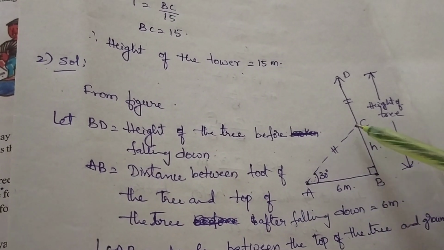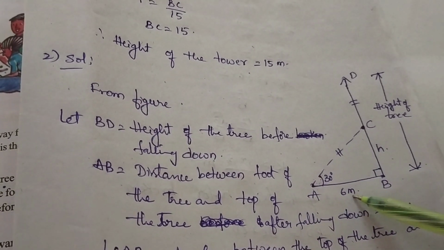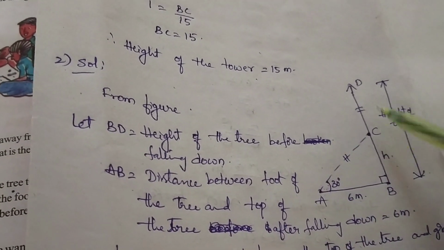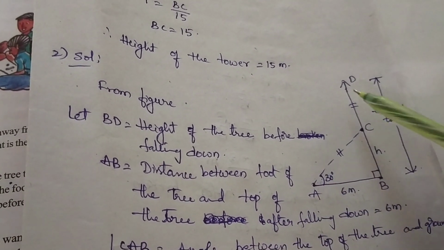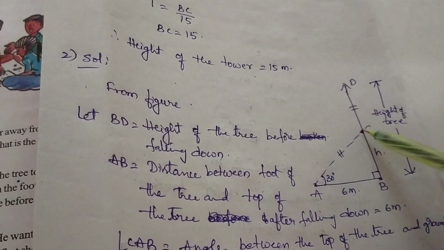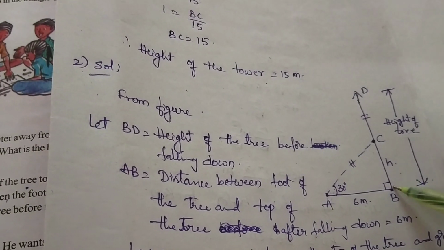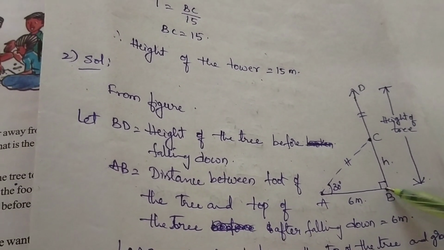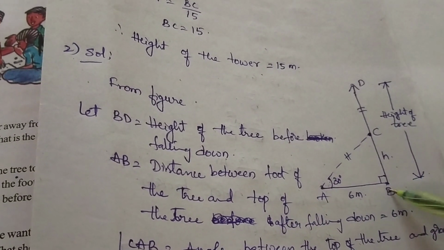In this right angle triangle we have one side and one angle. So we need to calculate the part before it broke, and also the leftover tree after it broke. So we need to calculate BD.